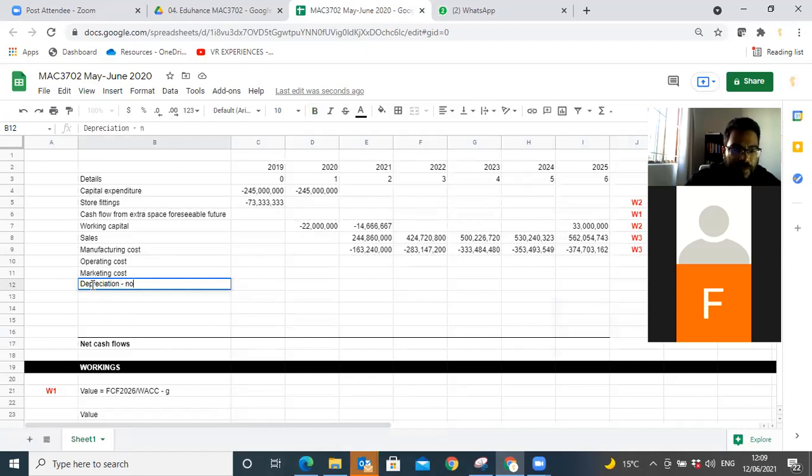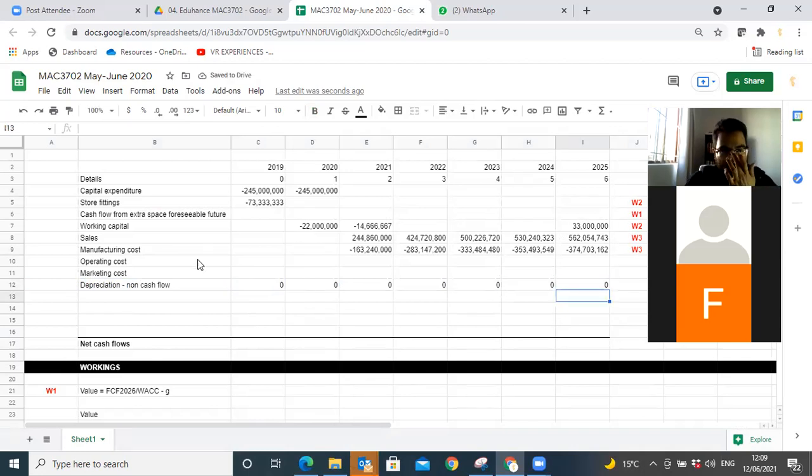Depreciation, we'll tell them it's non-cash flow. So therefore depreciation is just going to be 0. So you must tell them it is 0 cash flow. Generally we'll leave it out. So one way to do it, you put it in and show 0. Otherwise you would put a note below your final answer and say depreciation has been ignored because it's non-cash flow. So one of the two.